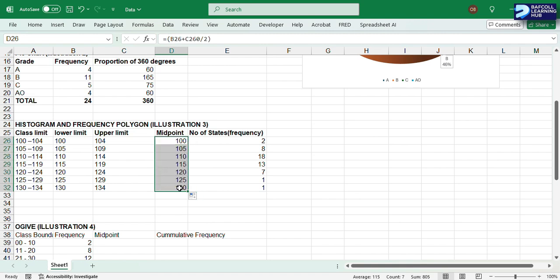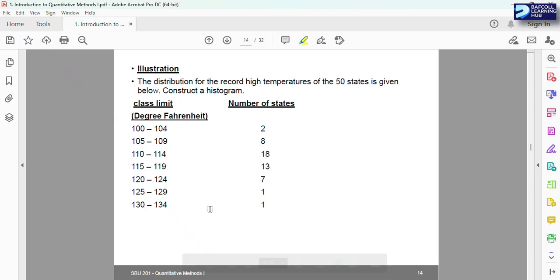Okay, so I have my midpoint for the data. Divided by C26. Alright, so I have my midpoint. Okay, now to be able to draft my histogram, I'll be using the midpoint and the number of states. Alright, so let me compare.